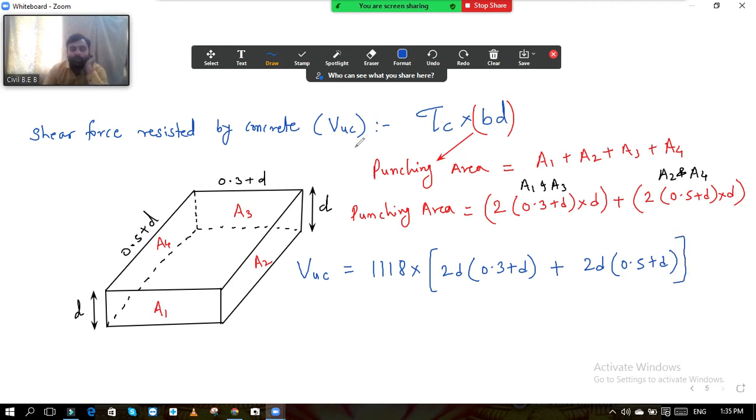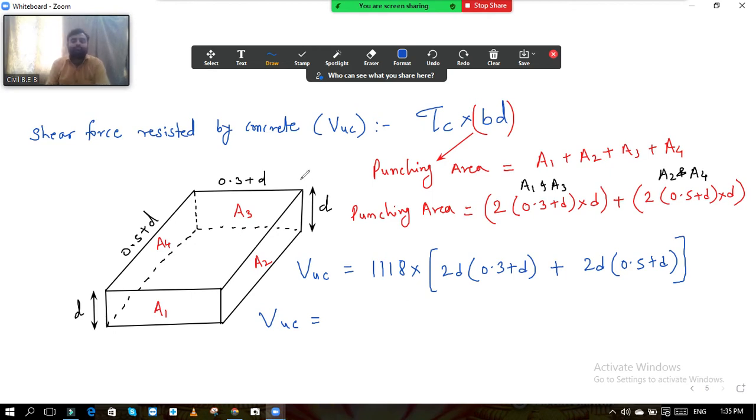Now we need to solve this step by step. There are no separate marks allocated for this step by step calculation. You have come across an equation, you are forming an equation to solve this. So it is not expected that you write each and every step of the calculation. Even if you write the equation directly here, it is fine.